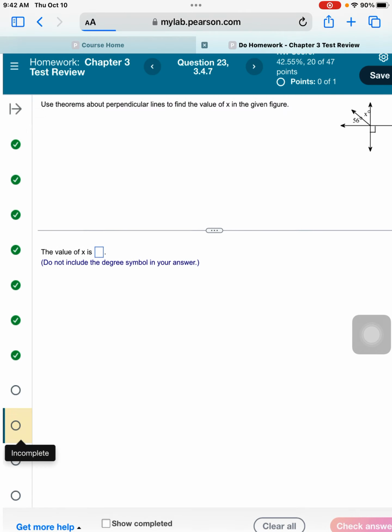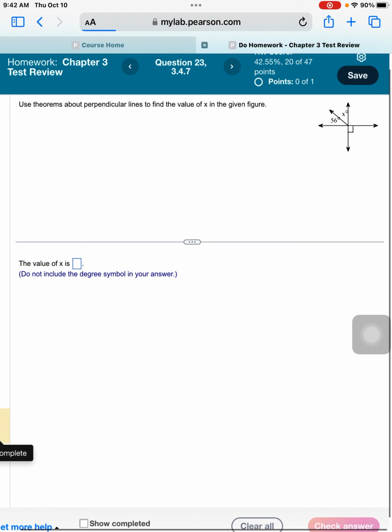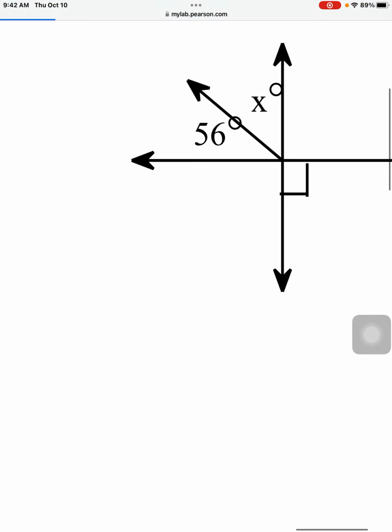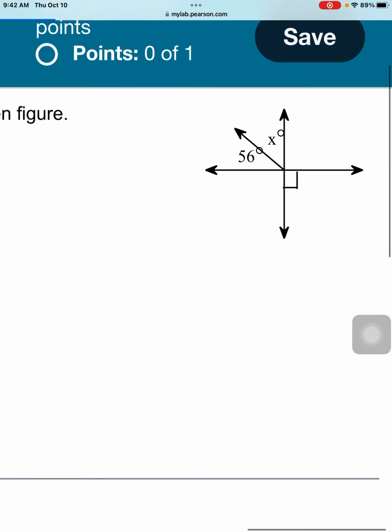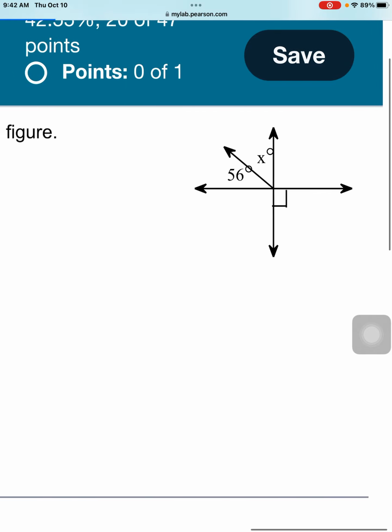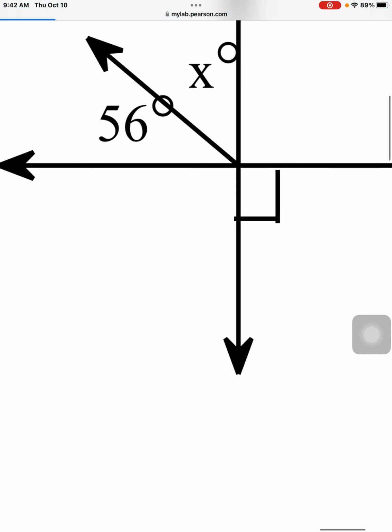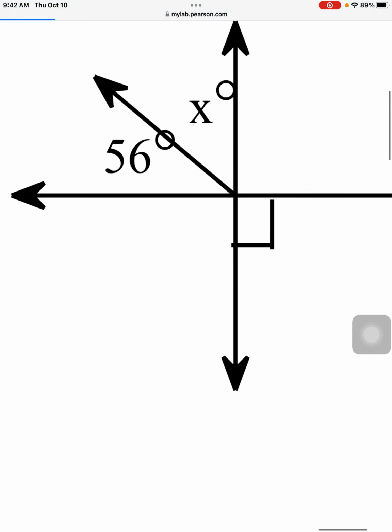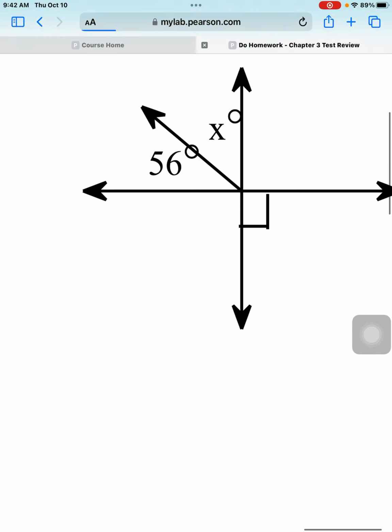Okay. Use theorems. Okay, perfect. So now this is talking about 3.6. Use theorems about perpendicular lines to find the value x in the given figure. Okay, guys. So we talked about this. If we have 2 lines intersecting and they form a 90 degree, what does that tell me about this degree, that degree, and that degree?